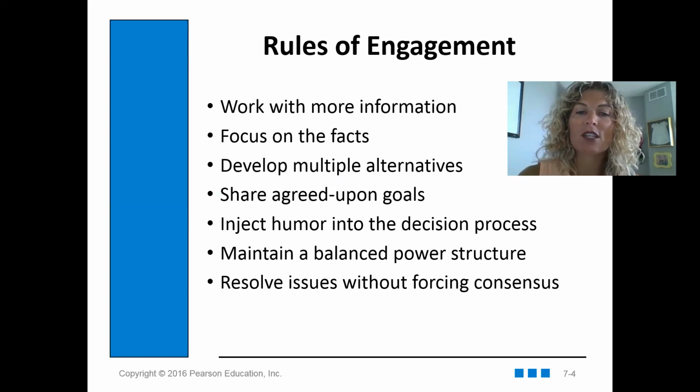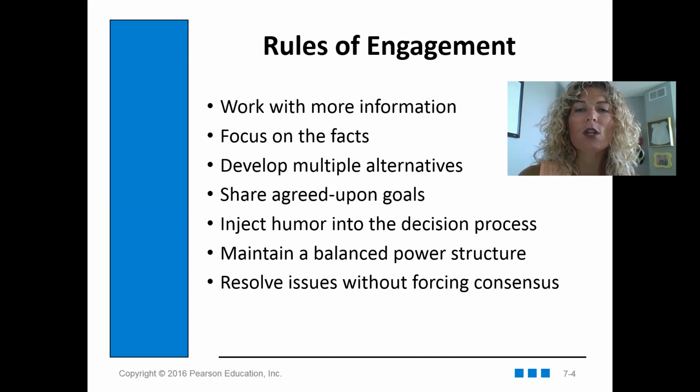And then try to resolve the issues without forcing a consensus, without forcing someone into choosing a particular side or a particular decision. Ideally, we want people to come to these conclusions on their own, and we get more commitment and more ownership at that point. If you go back to the communication chapter, the supportive communication, you can link a lot of what we're going to talk about today to using supportive communication in these strategies.